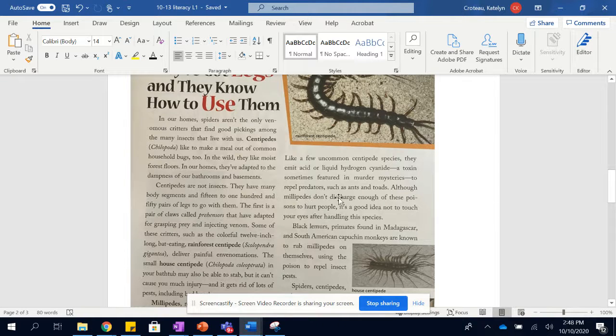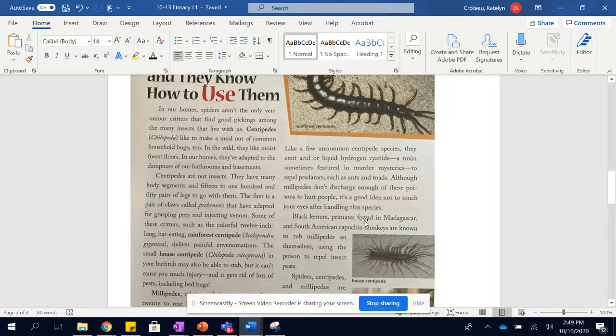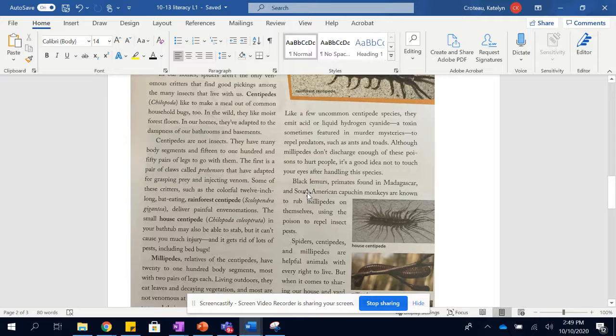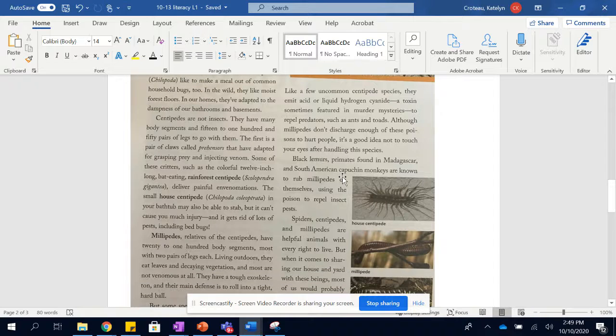Although millipedes don't discharge, that means eject again, enough of these poisons to hurt people, it's a good idea not to touch your eyes after handling the species. So we wouldn't get hurt by their acid or liquid hydrogen cyanide coming out, but it wouldn't kill us or anything, but it still isn't a good thing to touch your eyes.